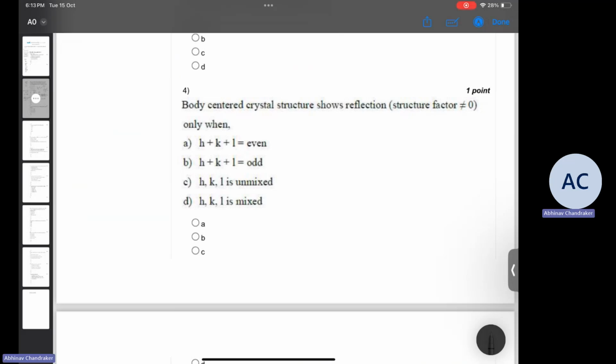The next question is, what will be the reflections we'll see for body centered crystal structure? We had discussed this in the slides in which we covered structure factor calculation. So we had seen that for simple cubic, we'll be able to see all the reflections.